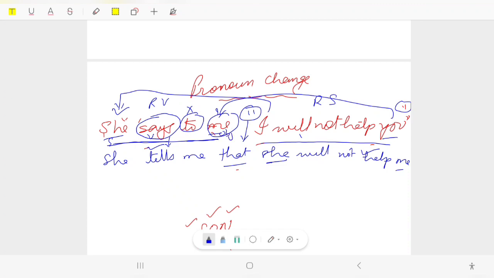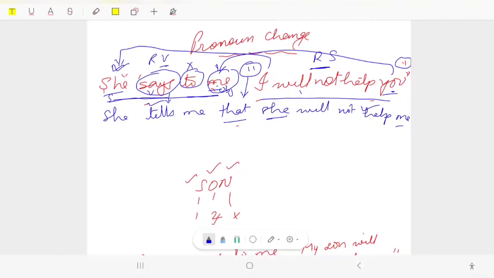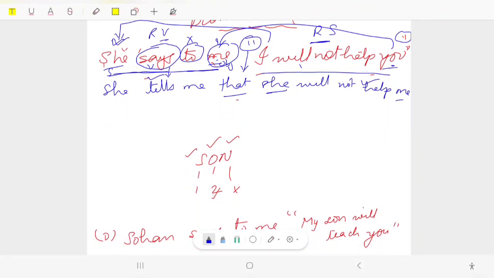So the first person pronoun of RS is changed according to the subject. The second person pronoun of RS is changed according to the object of RV. And for the third person, no change. Or you may remember it as SON, 1, 2, 3: first person according to subject, second person according to object, and third person no change.